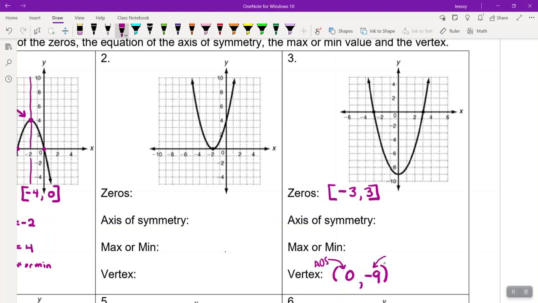And this one is going to be the max or the minimum. You only have one of each, okay? So just by knowing the vertex, we know the axis of symmetry. X equals 0. And it is, see? The y-axis is the axis of symmetry.